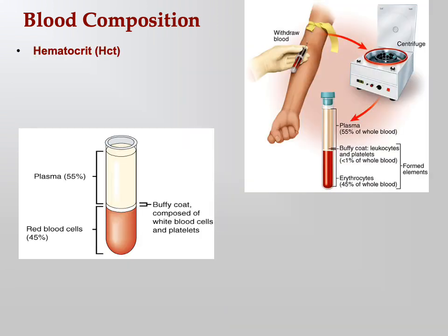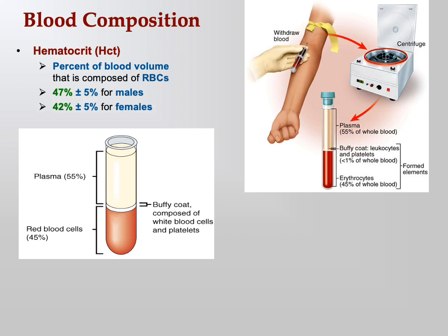So hematocrit, abbreviated HCT, is the percent of blood volume that is composed of red blood cells. So we have the formed elements, all right. Of the formed elements, some of them are red blood cells. What should that be? It should be about 47% plus or minus 5 for males, 42% plus or minus 5 for females.